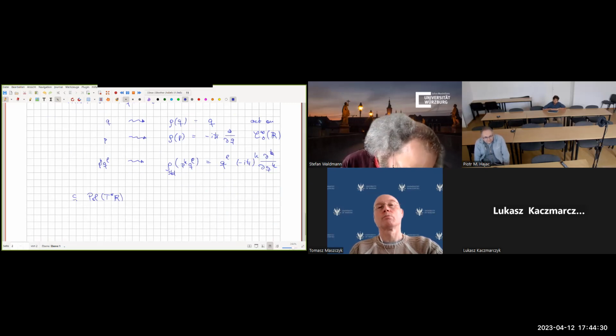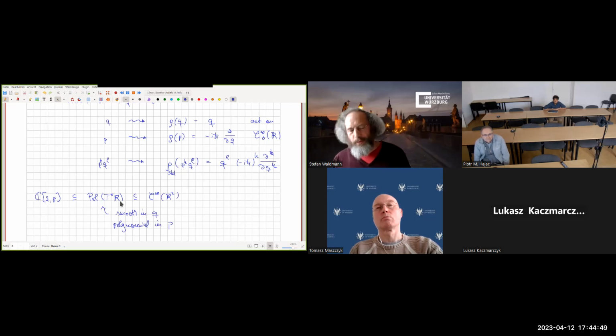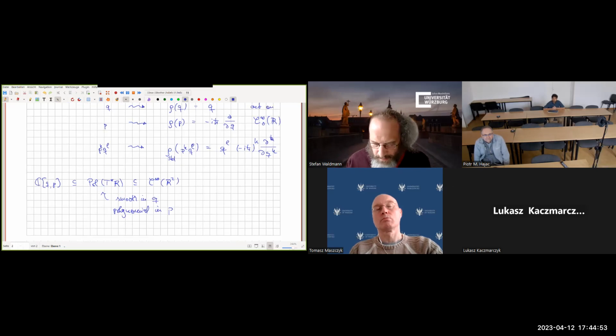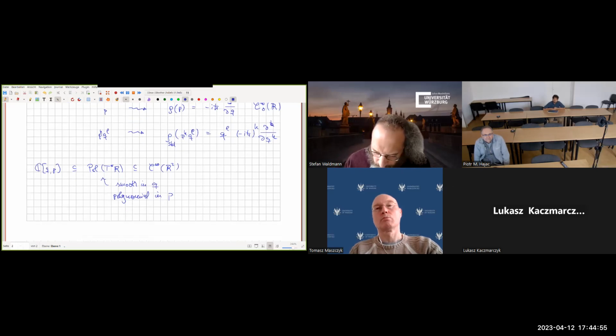They contain the polynomials in Q and P, but they are not yet all smooth functions on R2. These are smooth in Q direction and polynomial in P direction. So they are the polynomial functions on the cotangent bundle of the line. That's a geometrically intrinsic way to characterize them.